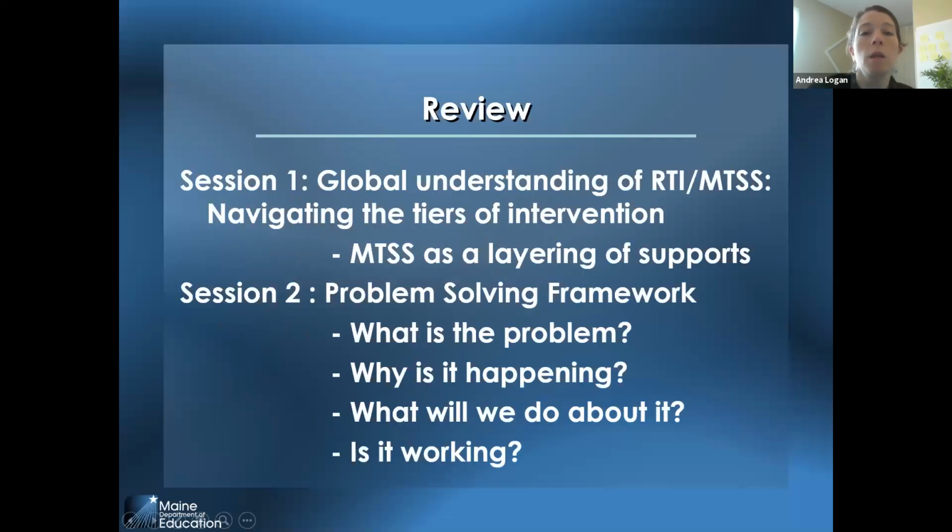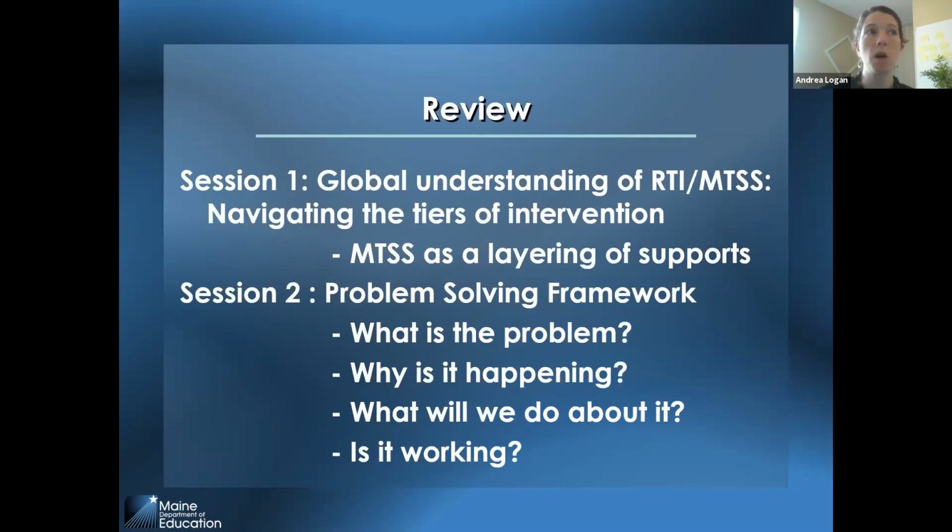Okay, so getting into the review of what we've covered already. In session 1, we covered global understanding of RTI and MTSS, and we talked about navigating the tiers of intervention. The primary takeaway of session 1 was understanding that MTSS is a layering of supports and not a ladder system.